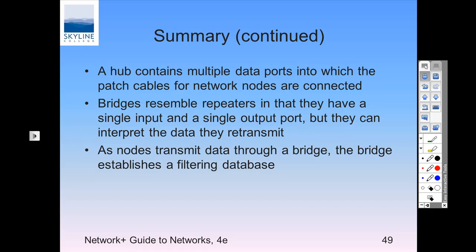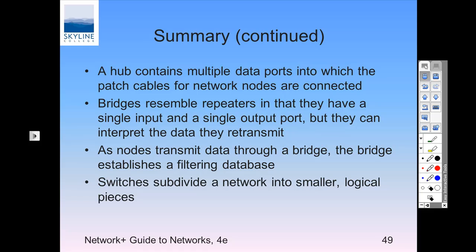Bridge or hub? The bridge establishes a filtering database. A switch is sometimes called a multi-port bridge, because the bridge had a list of MAC addresses on each side of it, so they only passed through the traffic that needed to go through in order to go there.